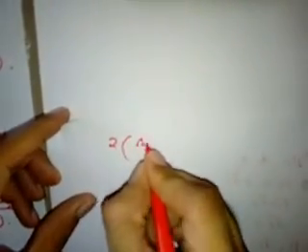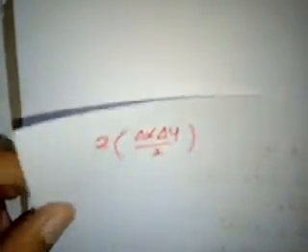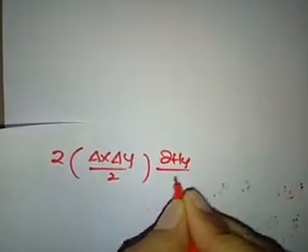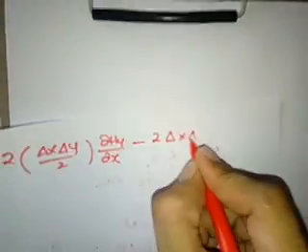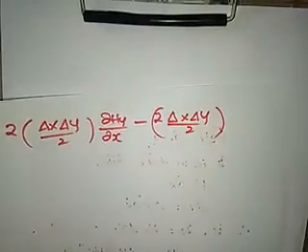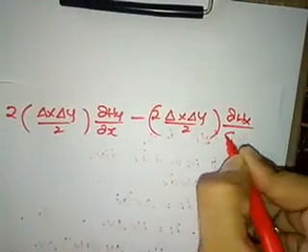here it will be 2 times delta x delta y by 2 dou hy by dou x minus 2 times delta x delta y by 2, this into dou hx by dou y.